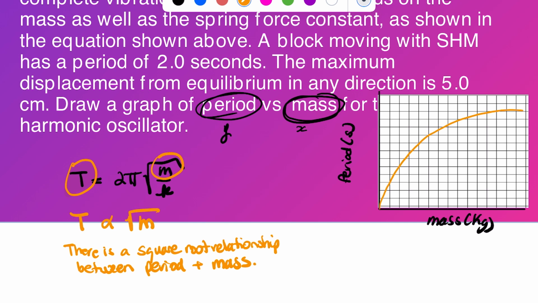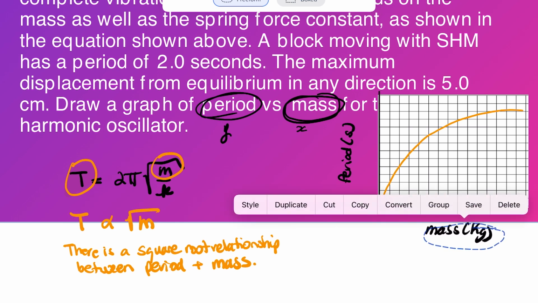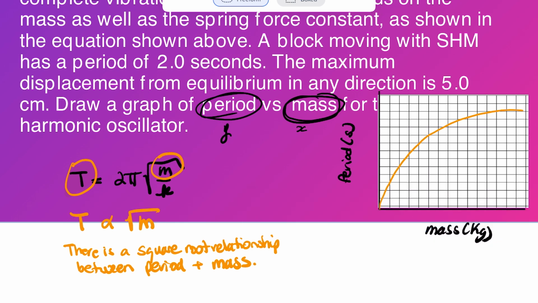Okay, so you've overtly stated the relationship, you've shown the equation, we've drawn the correct shape, and we've labeled the axes. So now the last thing we really need to work on is scaling the axes. There's a few different ways you can do this.